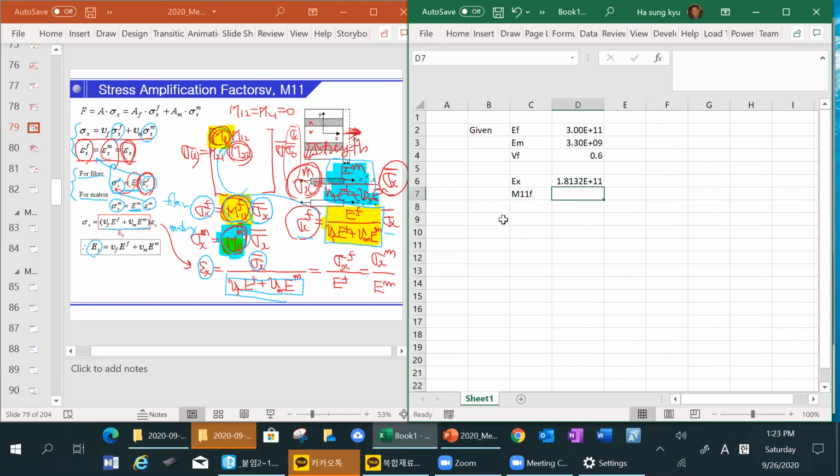This is the term, as you can see here, equal to EF divided by VF times EF plus (1 minus VF) times EM, right?